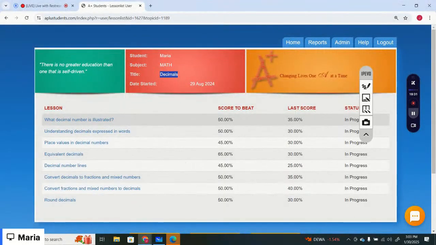Here I'm on grade 4 math. The chapter we are on right now is decimals. Let's start with the first lesson, what decimal number is illustrated.